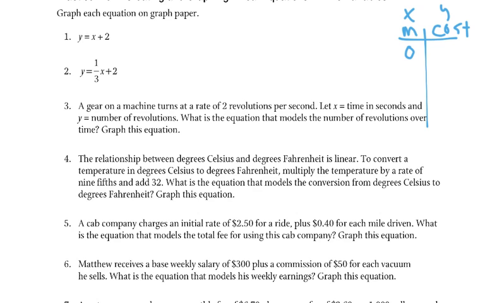So if we just get a cab and we don't go anywhere, that would be $2.50. Then every mile we're going to add 40 cents, so that'd be $2.90, then $3.30, then $3.70, and so on.